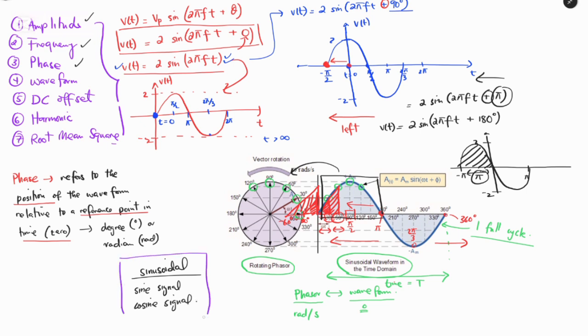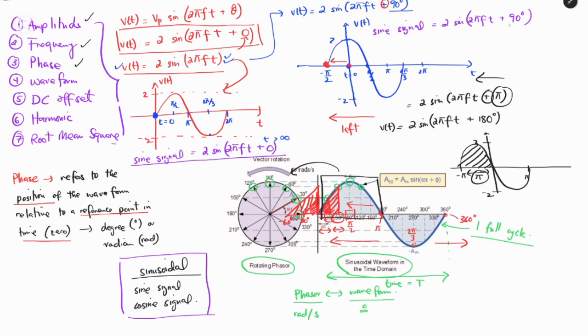From this diagram, we can see that this one, the sine signal, equals 2 sine 2 pi ft plus 0, and in this case, we have a signal which equals 2 sine 2 pi ft plus 90 degrees or pi on 2.